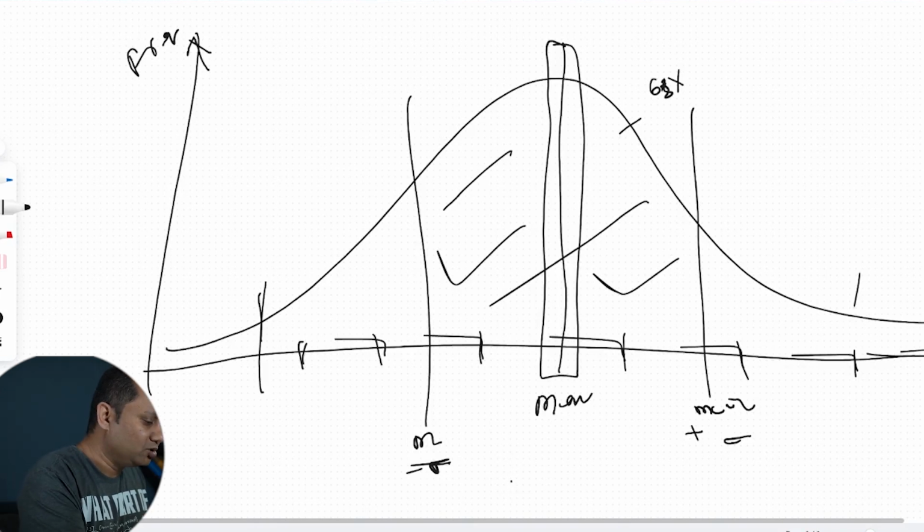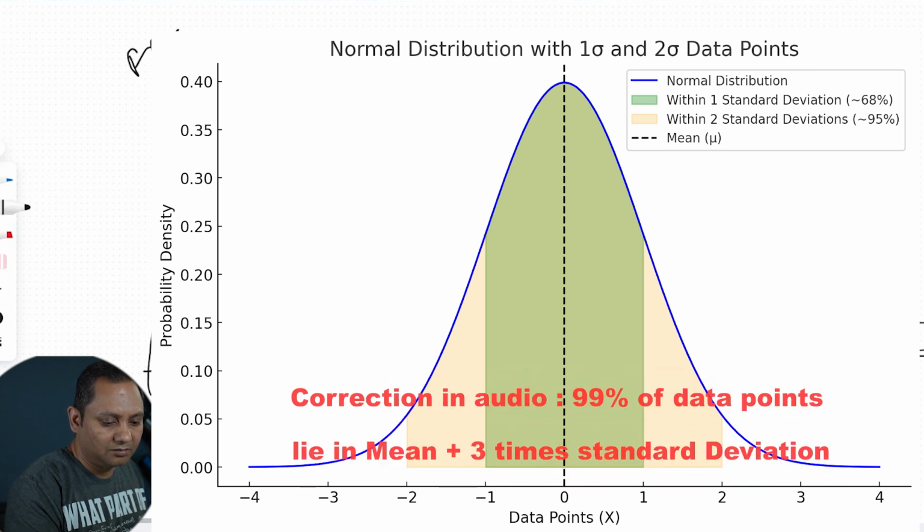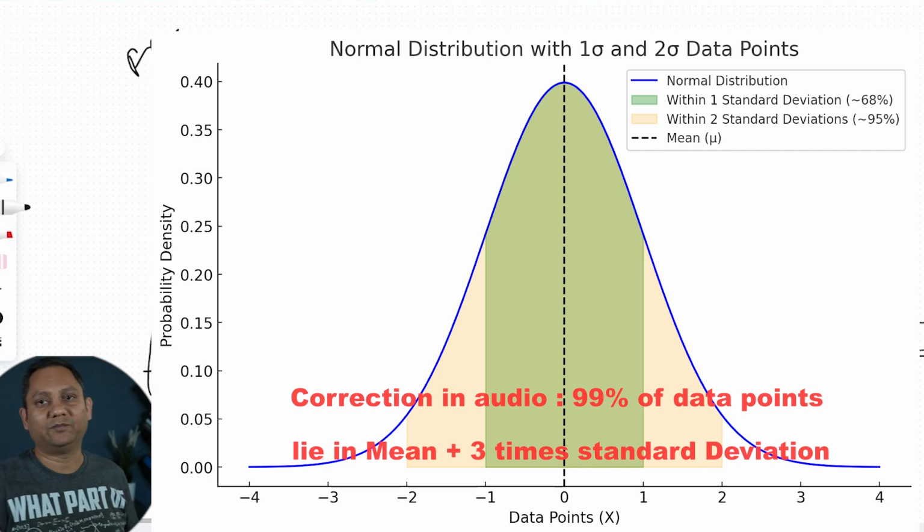And if I take 2 standard deviations, then this would be 98% of the data.